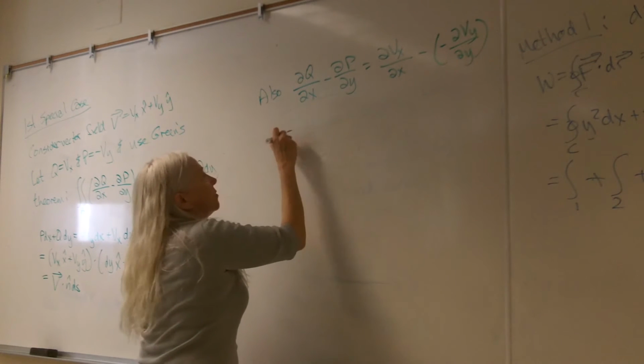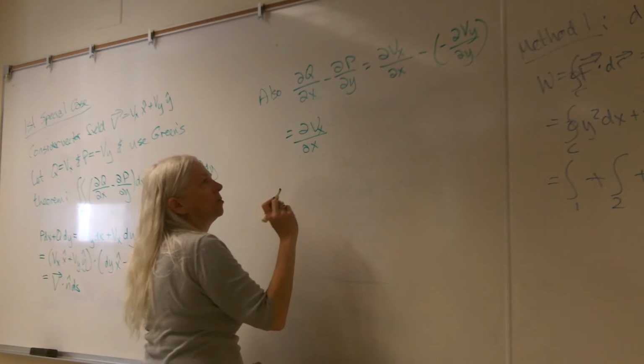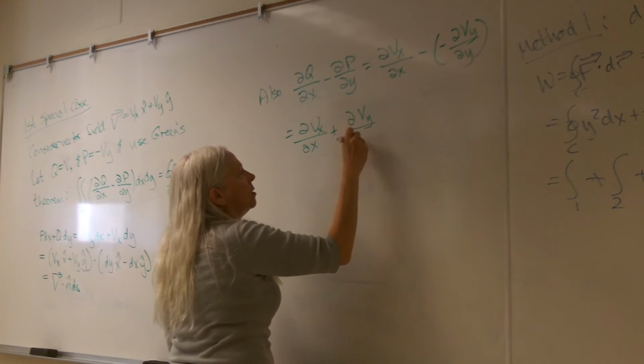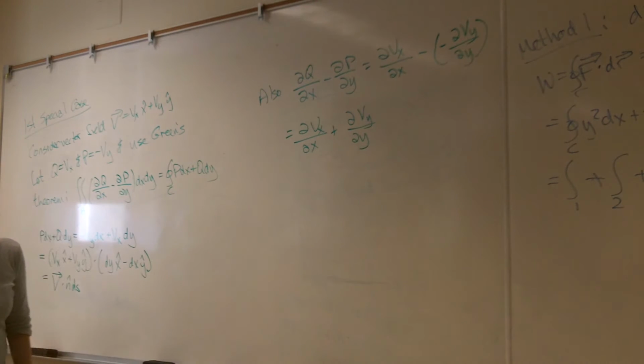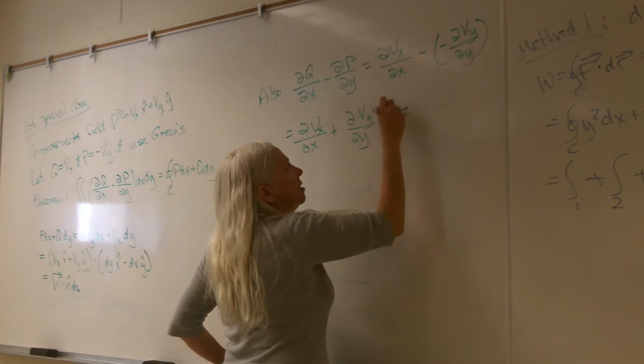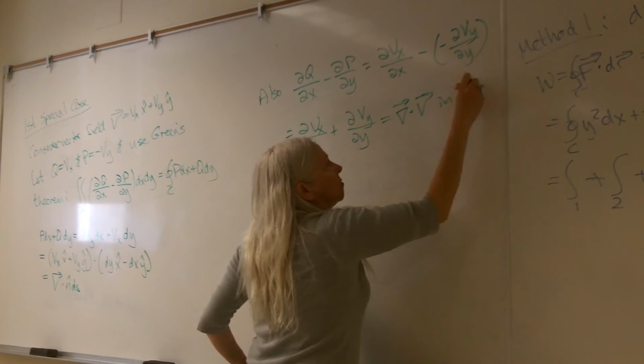The two minus signs, of course, cancel, so this is dv sub x dx plus dv sub y dy. Well, that looks like the first two terms in the divergence. This is the divergence of v in two dimensions.